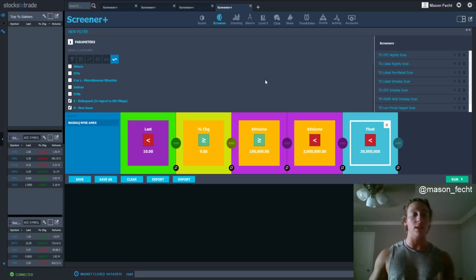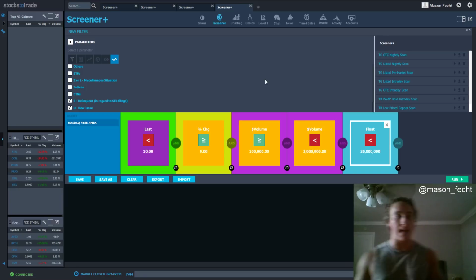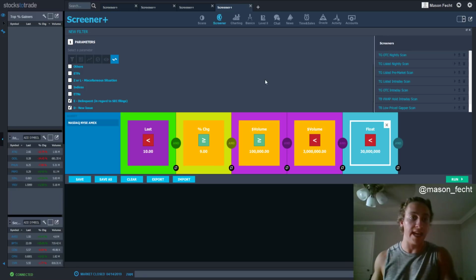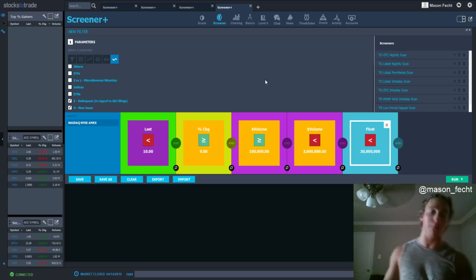I have an OTC intraday scan that I also use for my nightly scan, and then I have a listed nightly scan, which comes in handy when I miss market time, and I can check in later at night and see what the big runners were. And then I have my low float momentum scan specifically for listed stocks that I use to help me catch potential plays before they have big moves.